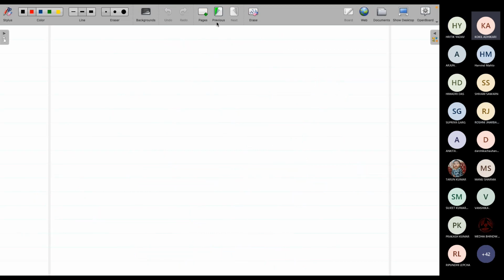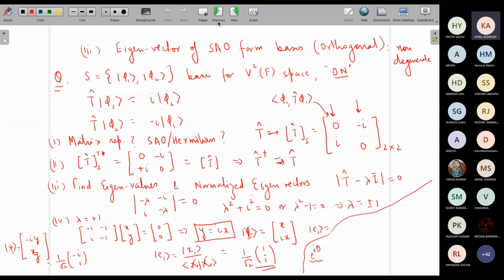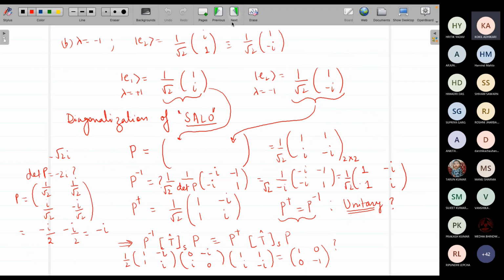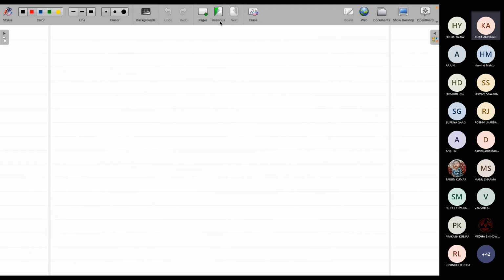We have diagonalized our original matrix. So let me go back to the question and give the essential aspects of that question. We started with one operator whose matrix representation is a Hermitian matrix, corresponding to a self-adjoint linear operator.